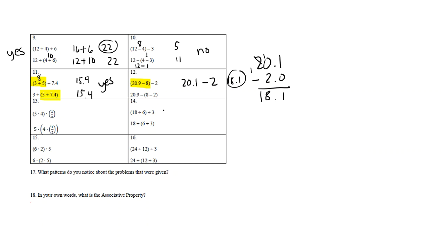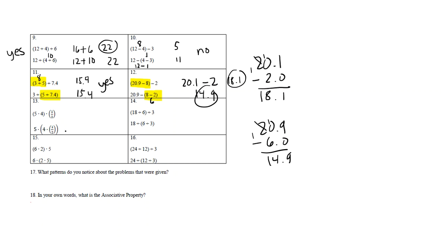Okay, but if we change who we're associating first with, in this case, by adding the parentheses to the 8 minus 2, so if you do this first, 8 minus 2 is 6, and then 20.9 minus 6 is 14.9. So these two are not equivalent.